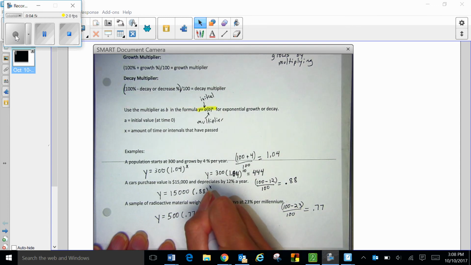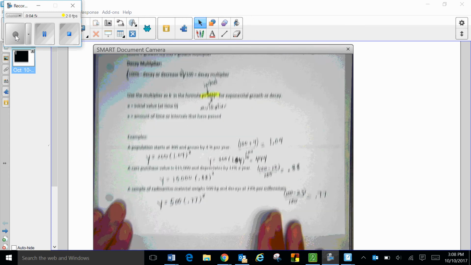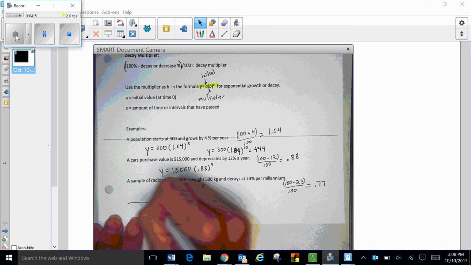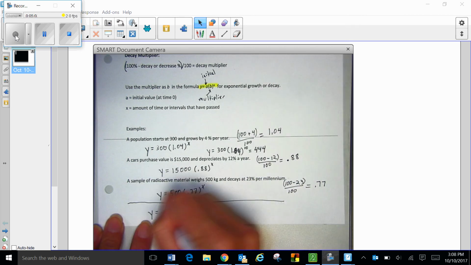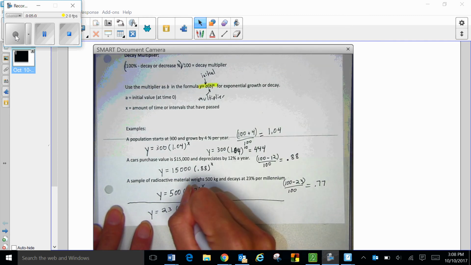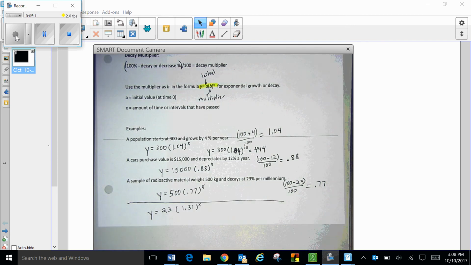Last thing, it's not really typed on these notes, but I know it's in your work, is what if you had an equation? Suppose I gave you this equation. And whatever it referred to, you should be able to tell me that it's growth.